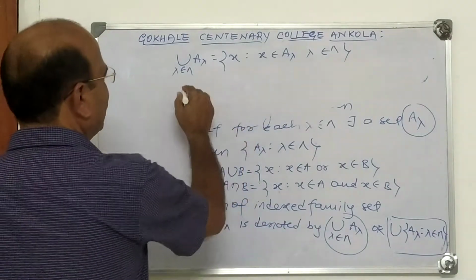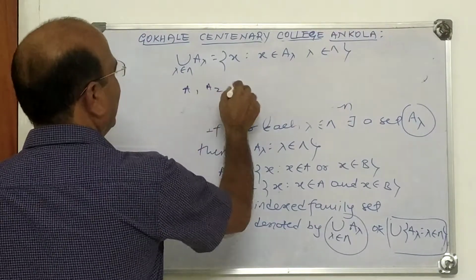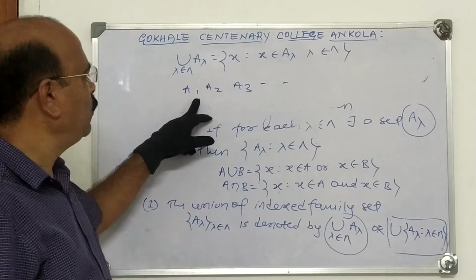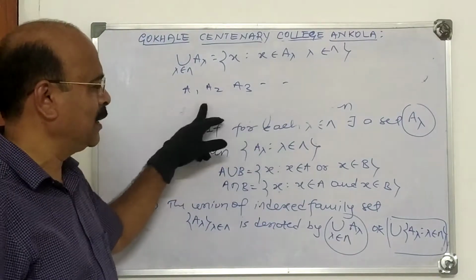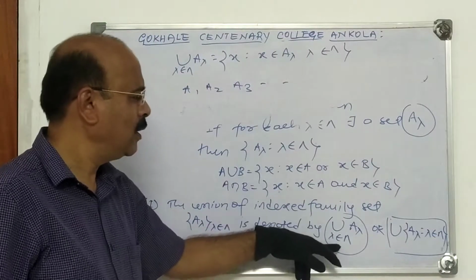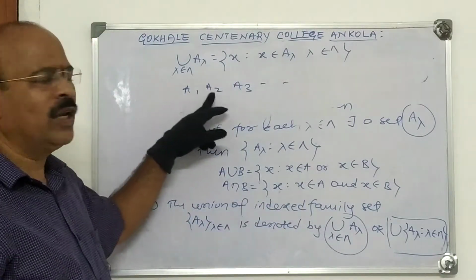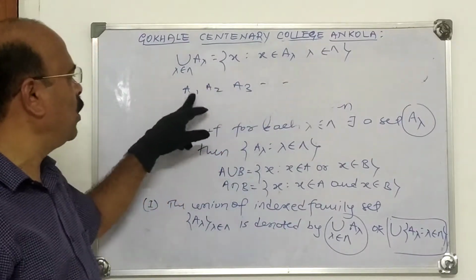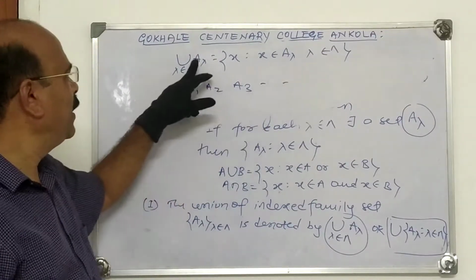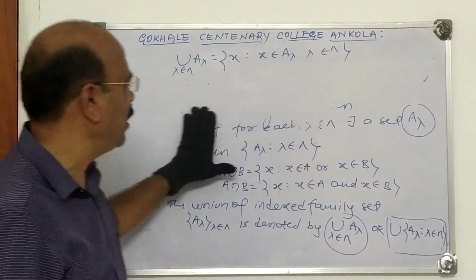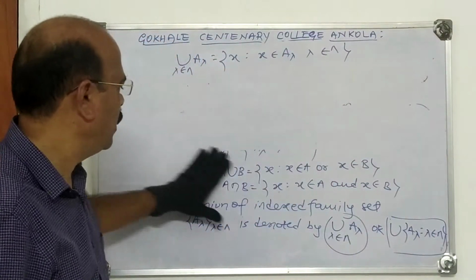It means A1, A2, A3, etc. If the index set is 1, 2, 3, etc., then the sets of this family are A1, A2, A3 and so on. Now, if x belongs to at least one of these A1, A2, A3, then it belongs to the union.